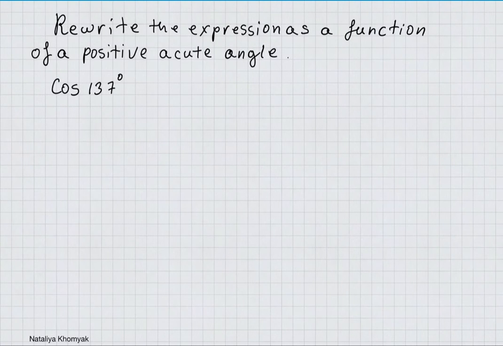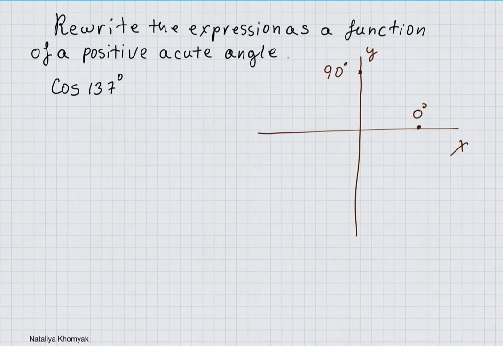Here we have to rewrite the expression as a function of a positive acute angle as well. And we are working with cosine of 137 degrees. So let's jot down the x and y axis. Positive side of the x-axis is 0 degrees. Positive y-axis is 90 degrees.